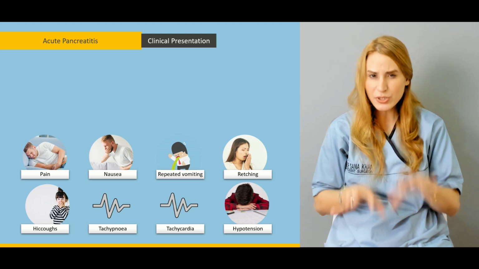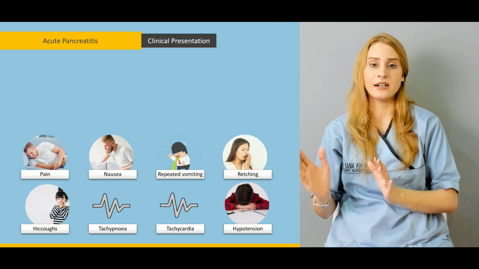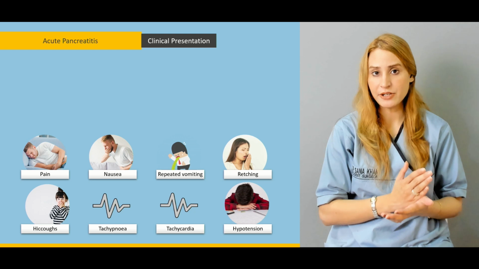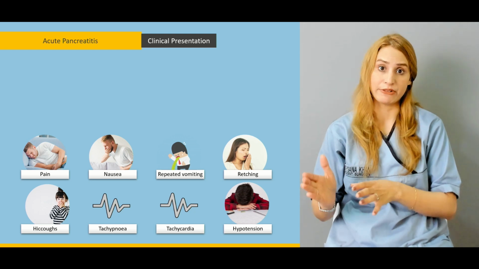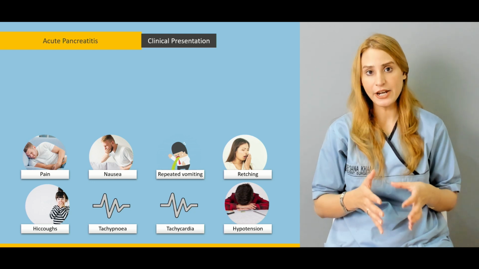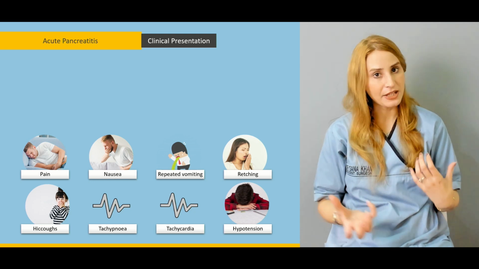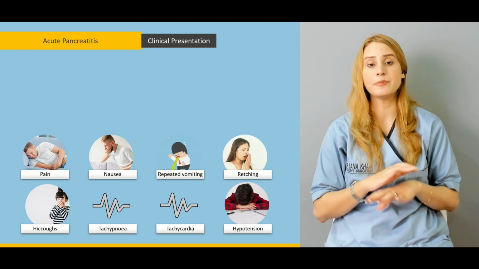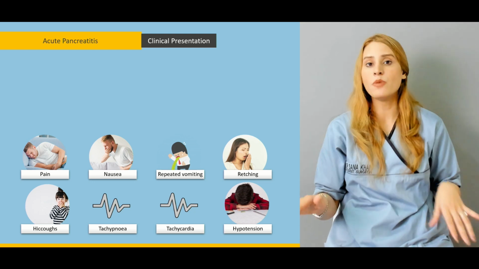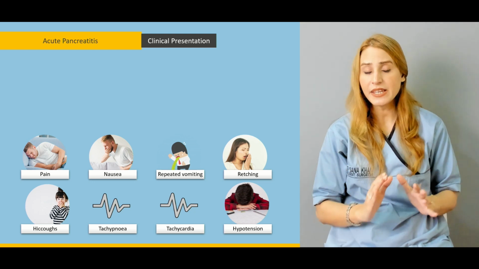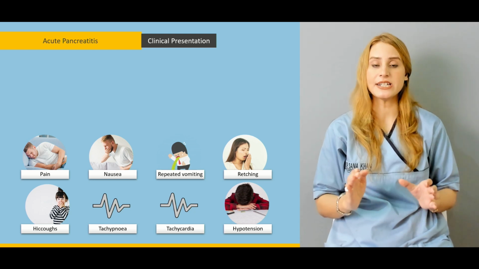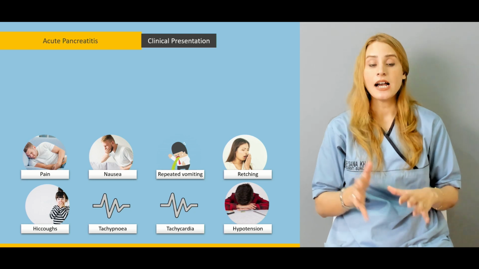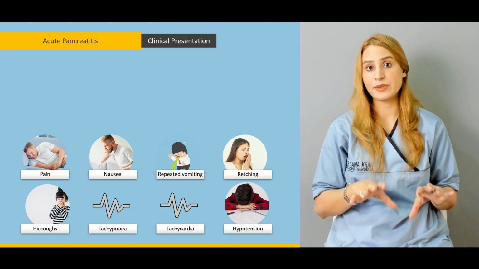Actually, we divide this into three stages: mild pancreatitis, moderately severe pancreatitis, and severe pancreatitis. In case of mild pancreatitis, there would be epigastric pain and vomiting, and no local complications, no multi-organ failure. The second is moderately severe pancreatitis, where there would be local complications along with the pancreatitis.